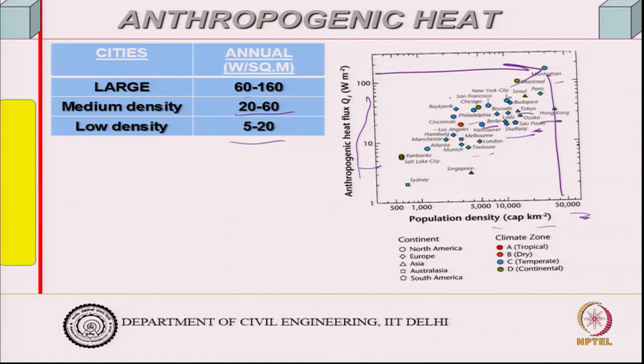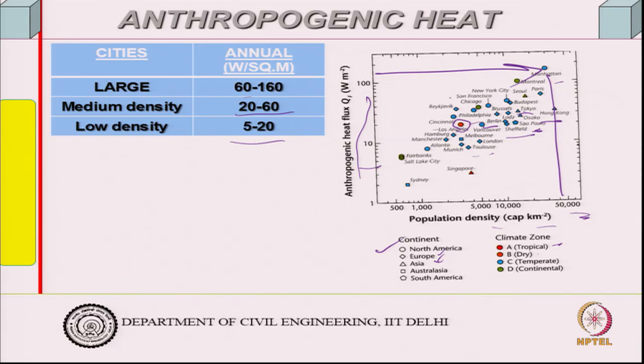These are wherever data is available. Generally, worldwide, it tends to show an increase. This is North America, Europe is the square ones, Asia is the triangle, Tokyo, and this is tropical, A is tropical, B is dry. So, these climatic zones have also been given, and it will depend upon that.